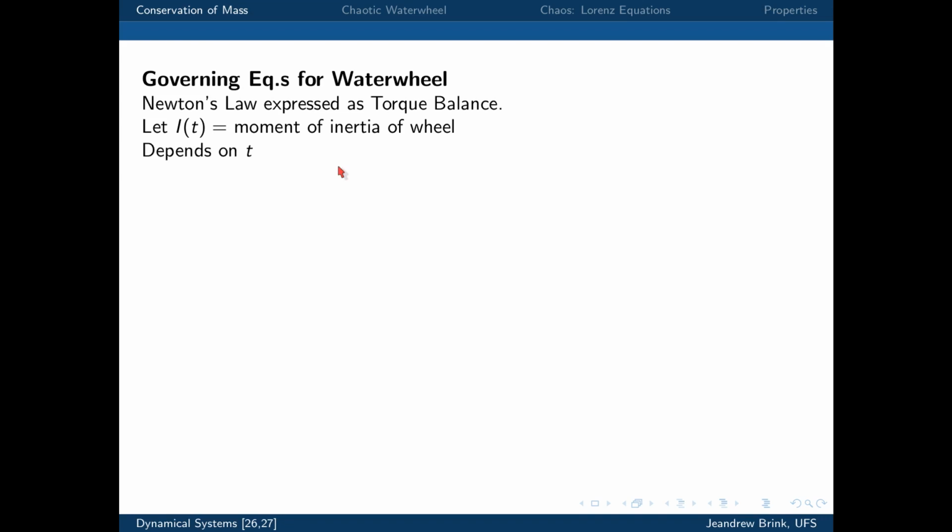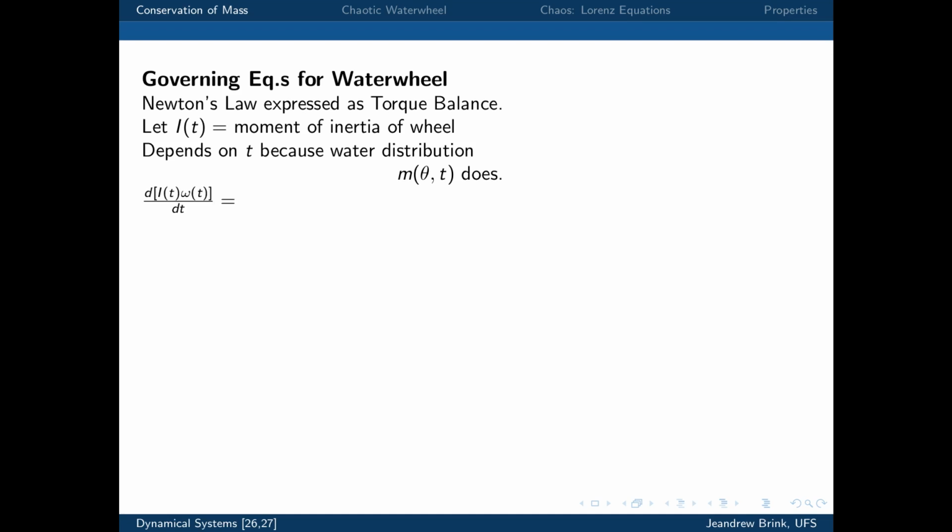And we know that it depends on t, because remember, the moment of inertia is dependent on the mass as well as the mass distribution from a particular axis. And because the amount of water in each of these little sectors is changing, our moment of inertia is dependent on time, because the water distribution is.